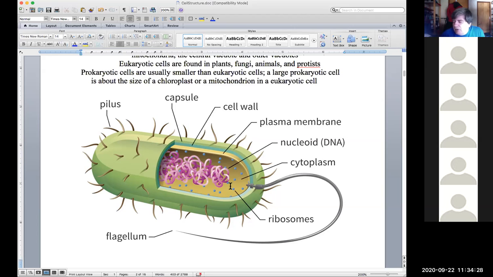It's a little bit thicker in some places than other places, and a little bit thicker in some cells than in other cells. But it's not quite solid and not quite liquid. It's kind of in between. It is fairly liquid because remember, the most common molecule in the cytoplasm is what? Water.